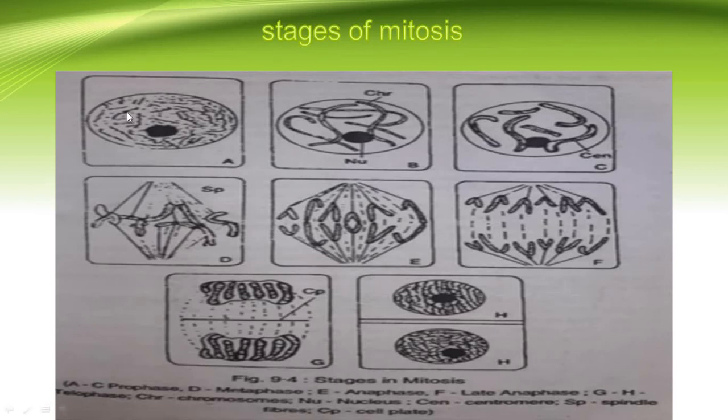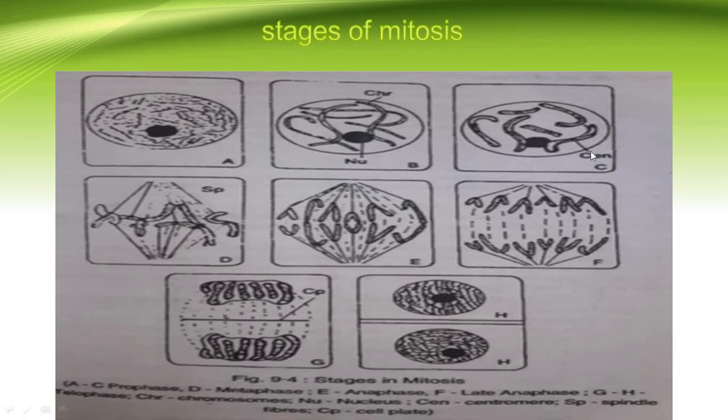Then you can see they are becoming somewhat thick. CHR here is the chromosomes present inside the nucleus, which help in cell division.